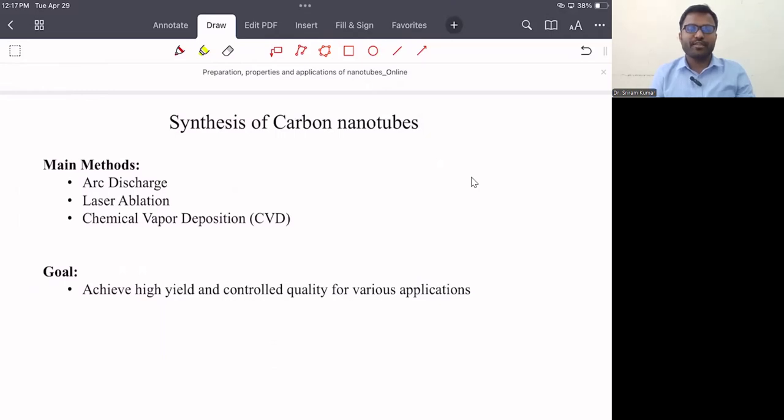The second important goal is to achieve a high yield of carbon nanotubes. Based on your application, you can choose either the arc discharge method, the laser ablation method, or the chemical vapor deposition technique.